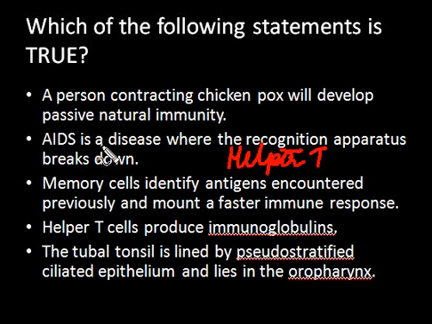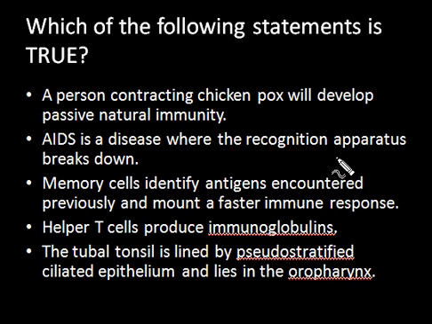So this is different. It's not as if the recognition apparatus breaks down. It is a condition, AIDS, where instead the virus attacks the immune system and knocks off these helper T cells. So the recognition apparatus is functioning fine. It's just that the immune system is compromised, because if you don't have helper T cells, then cloning cannot occur and the other immune cells cannot carry out their functions.